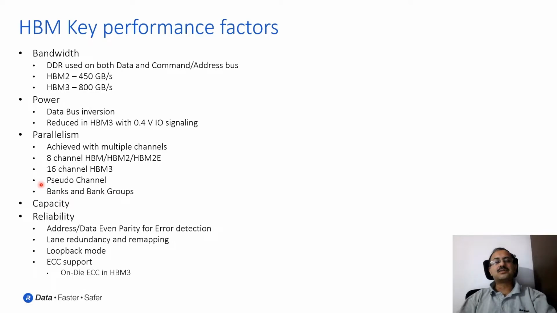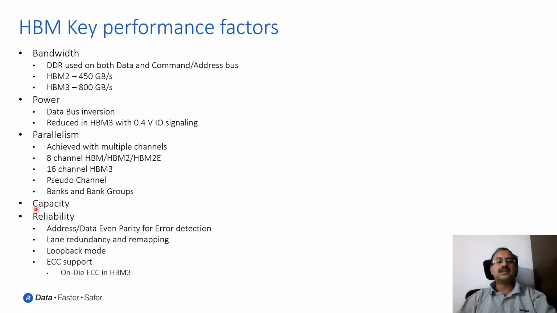There is also a concept of pseudo-channel, which divides a single channel into 2 parts logically, and the number of banks and bank groups are provided so that multiple rows can be kept open, and it also allows multiple commands to be read off different banks. The capacity of the HBM DRAM is another key performance factor, and so far with the HBM3 generation the capacity has been raised to 32 gigabits using a 16 high device.